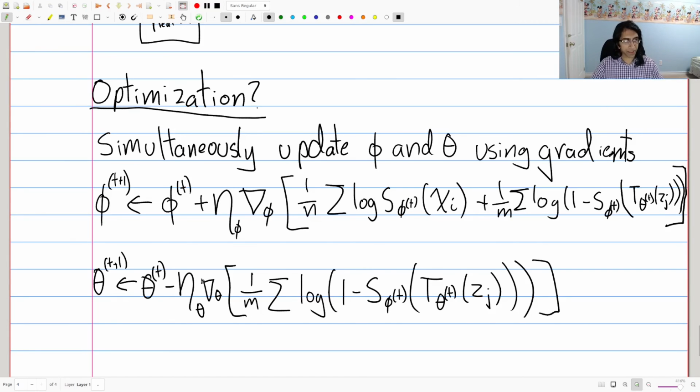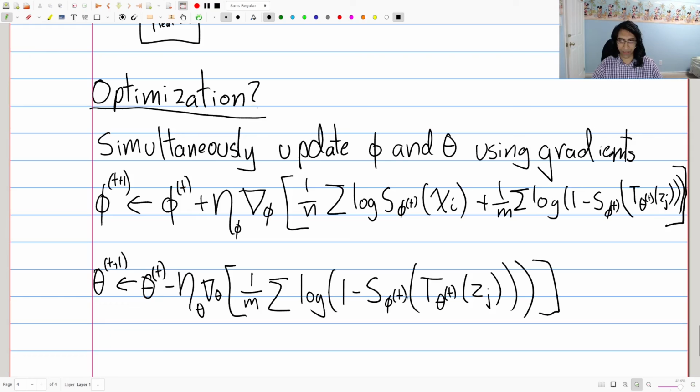So let me just try to explain what is going on here. Well, you can see that here we're just going to do the same gradient descent step we do normally. The important thing to note is the indices on these different parameters, in the sense that the way you should picture this is both of these steps are made at the same time.